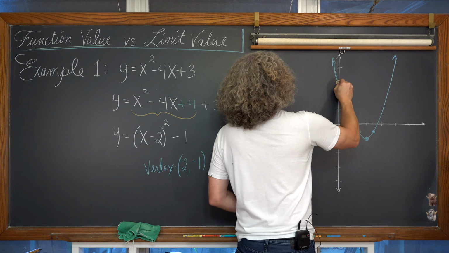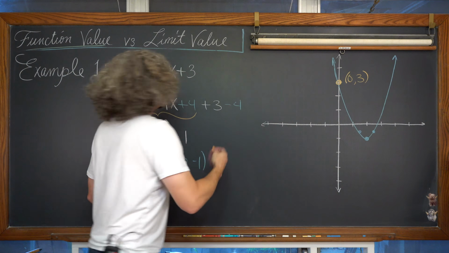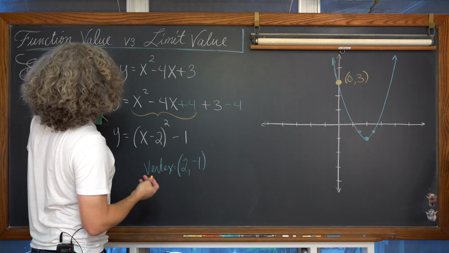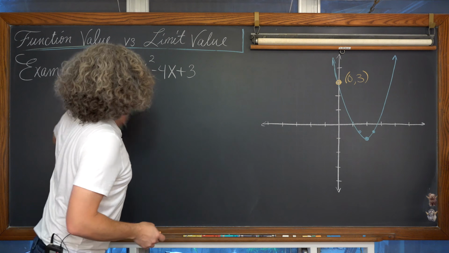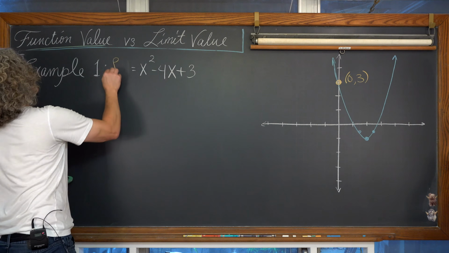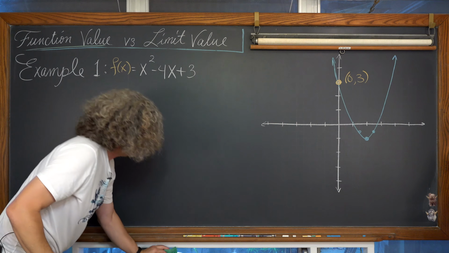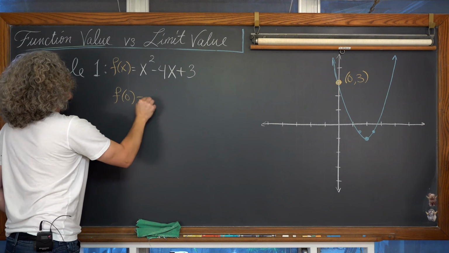So let's talk about, here at (0, 3), as we look at this parabola, and I did not use function notation for this, which now I'm kind of wishing I had, so let's call this f of x equal. What is f of 0?